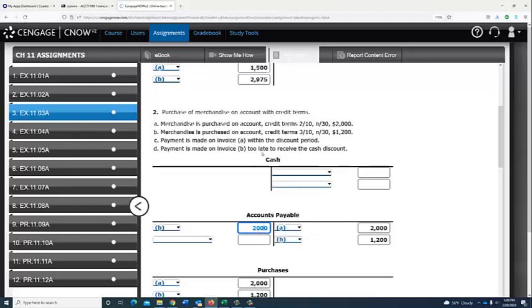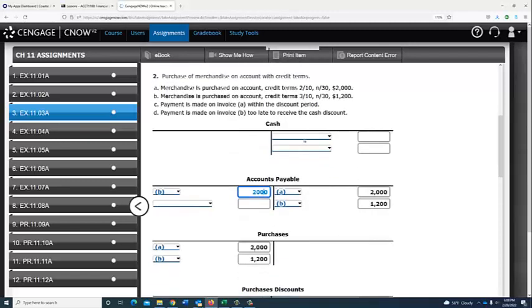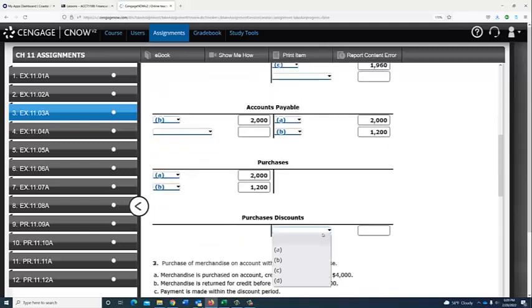Okay, and then I'm going to credit cash for $1,960. That is the 2000 less the $40 discount. Okay, next I'm going to credit purchase discounts for the $40.